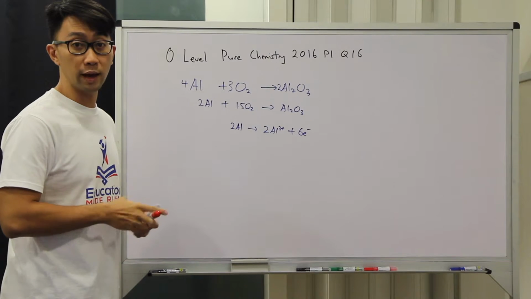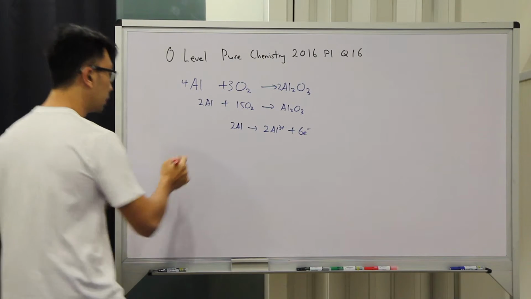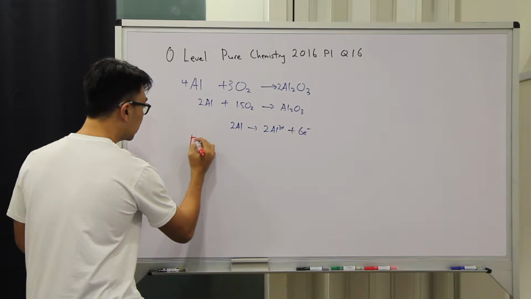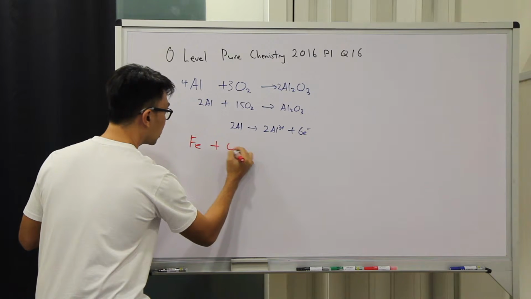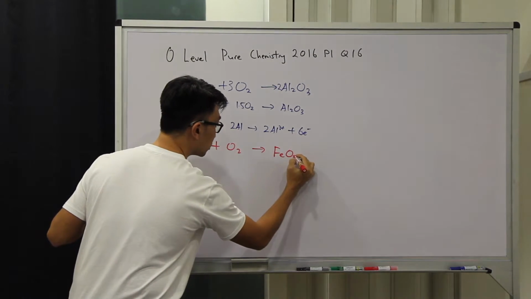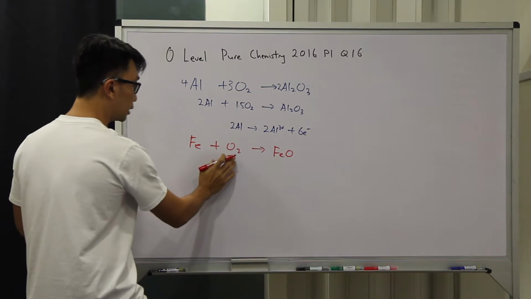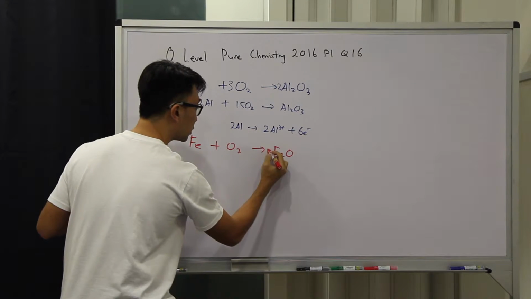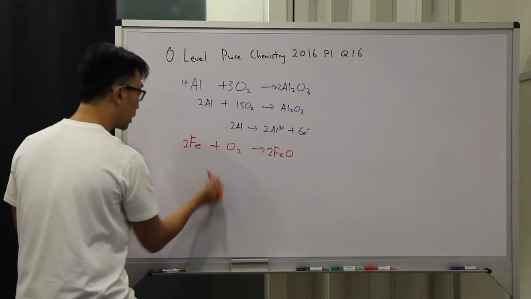So for option B, we have iron(II) oxide. That will be the reaction between iron and oxygen, giving us iron(II) oxide. So that will balance up. If we need 2 oxygen here, we'll put a 2, and that will mean 2 iron.